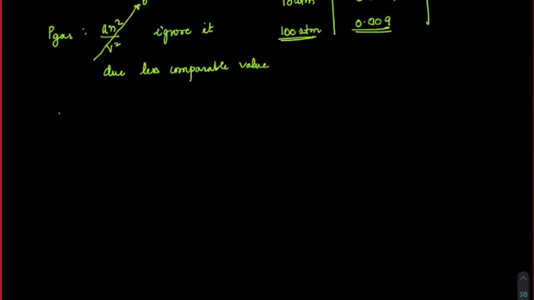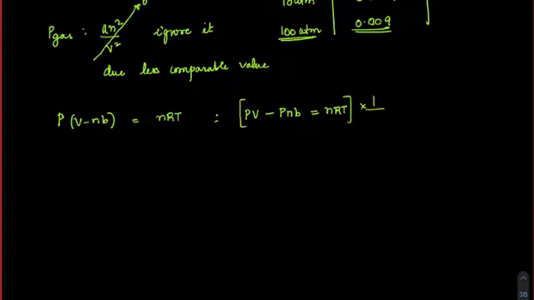Now what would happen to the equation? It is P into V minus nb is equal to nRT. If I multiply this, we'll get PV minus Pnb is equal to nRT. I'm doing the same fundamental here also, multiplying by 1 by nRT on both the sides.